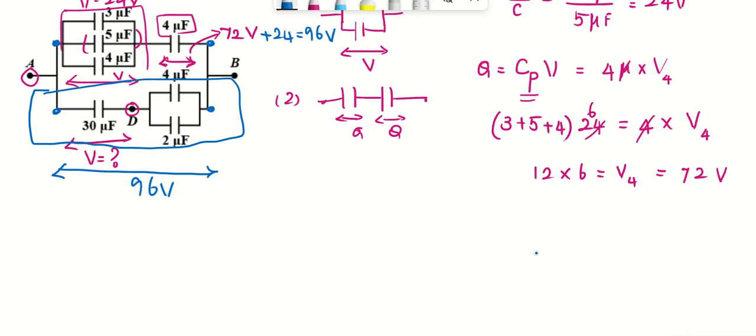So the charge stored in them is different. The potential across them should be the same. And it is in series with the 30 microfarad. So what is the charge stored in 30 microfarad? It is 30 microfarad times the voltage across the 30 microfarad, that is the voltage difference between A and D, which is equal to the parallel combination Cp here multiplied by the voltage across 2 and 4.